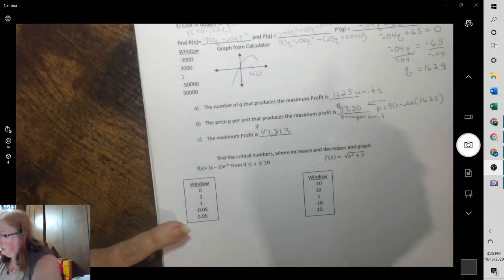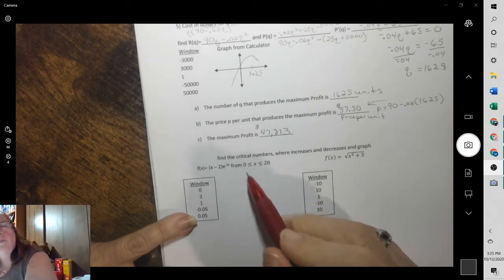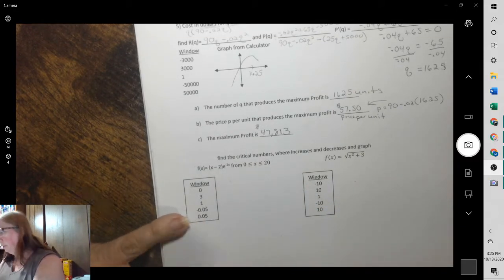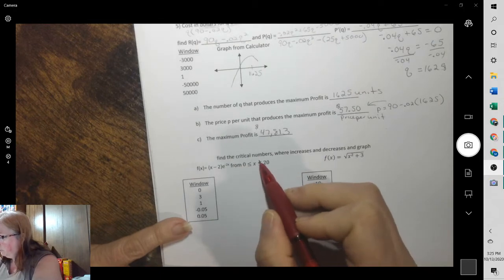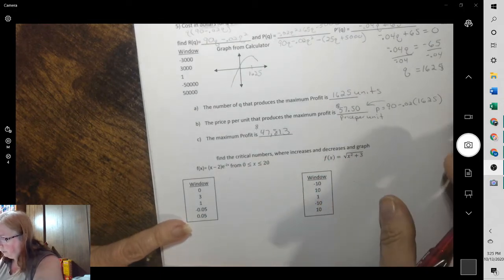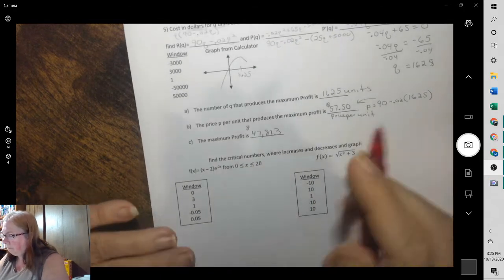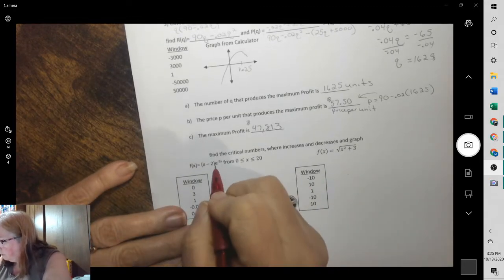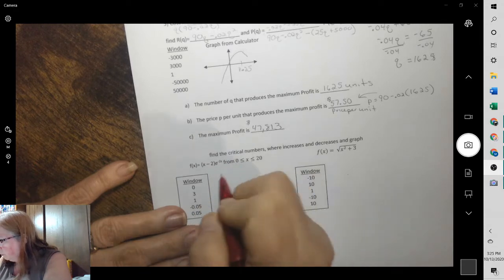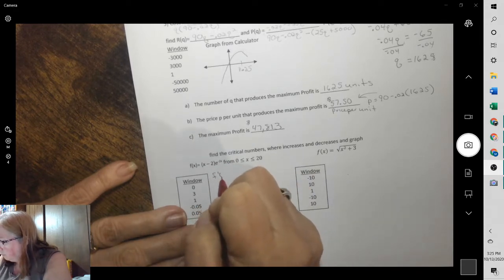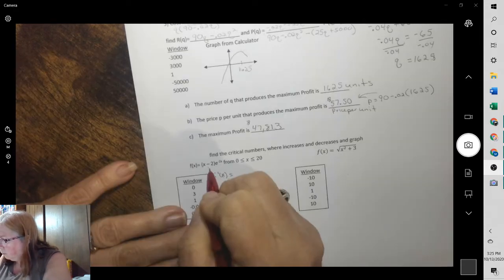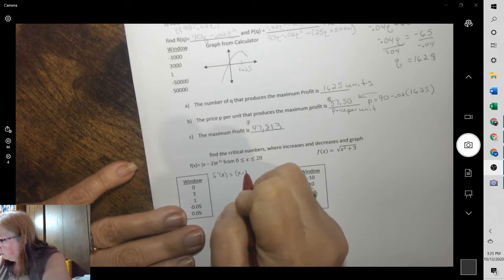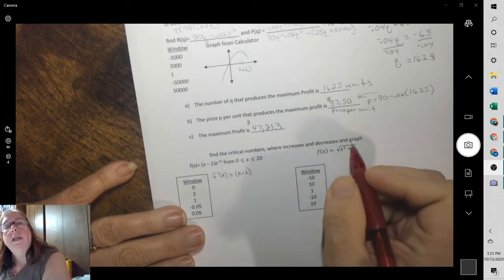Okay, let's try a couple more that you're going to see in my labs and probably on a test. We want to find the critical numbers and where it's increasing and decreasing. Remember, to find the critical numbers, you take the derivative. This is going to have a product rule: the first times the derivative of the second.